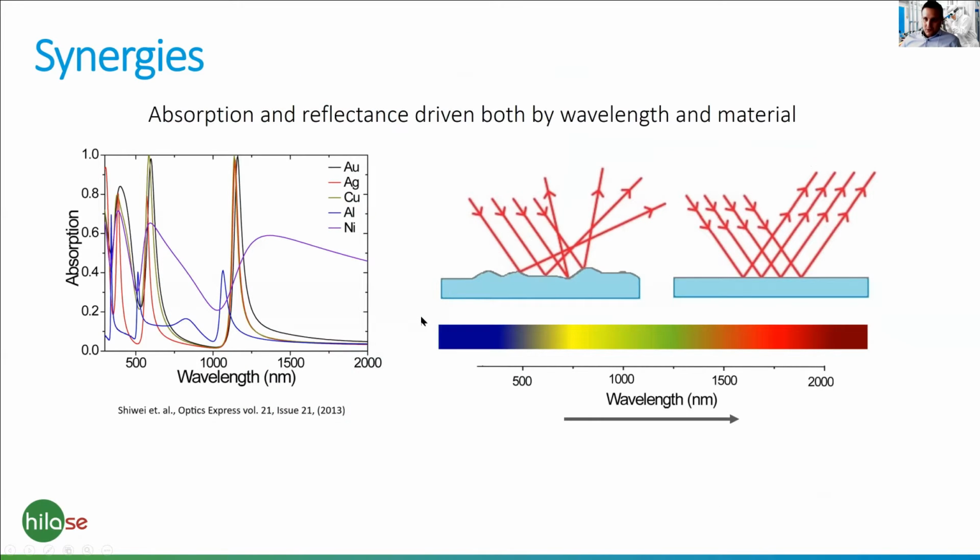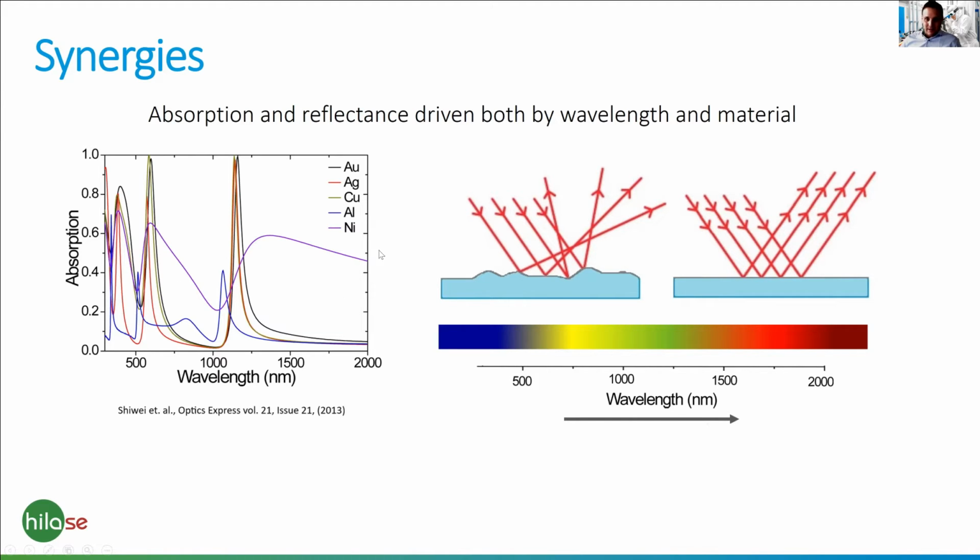What should also be considered when we are talking about laser damage is the synergy between the material and the laser properties, because they are not acting solely, they are acting simultaneously. This can be nicely demonstrated on absorption and reflectance, because both are driven by the wavelength acting on the material and the material properties themselves.